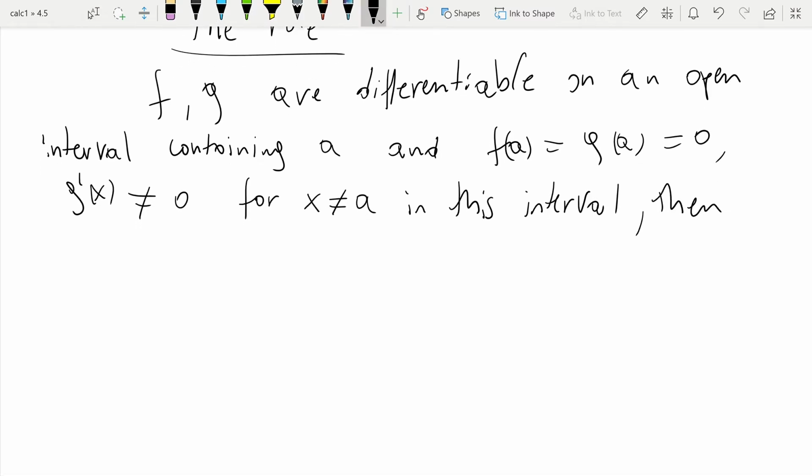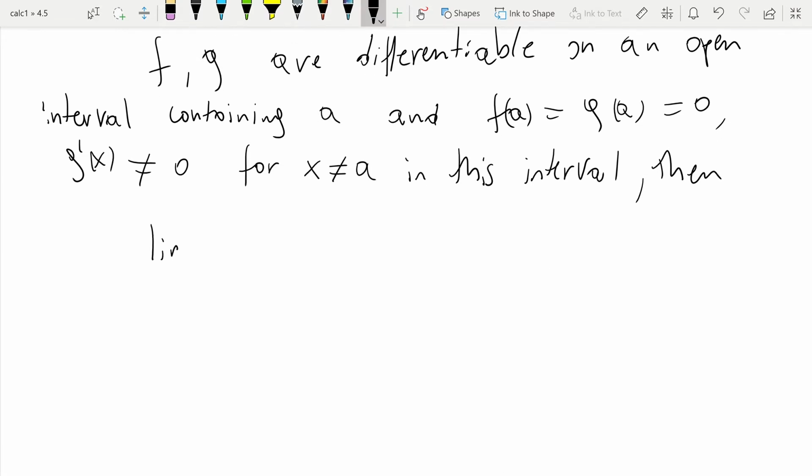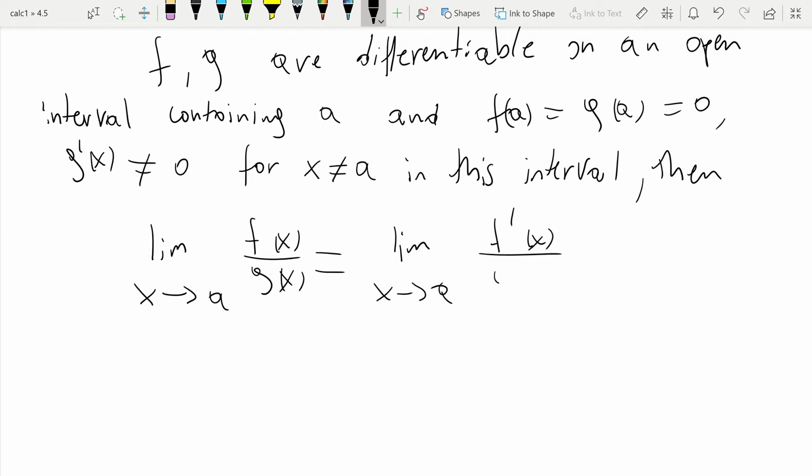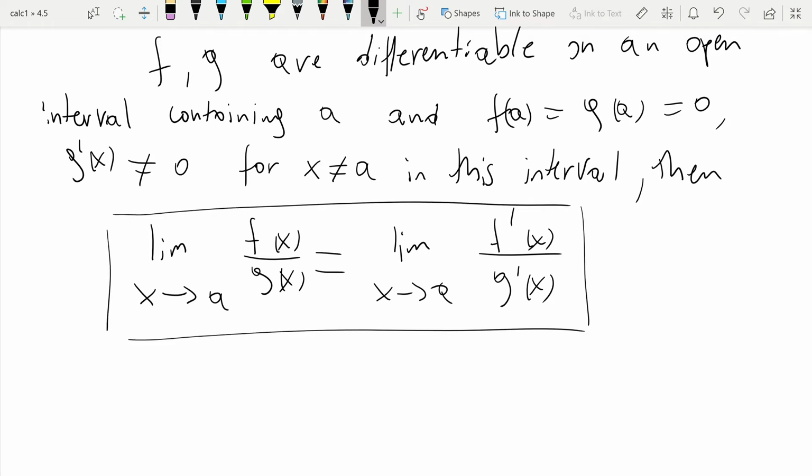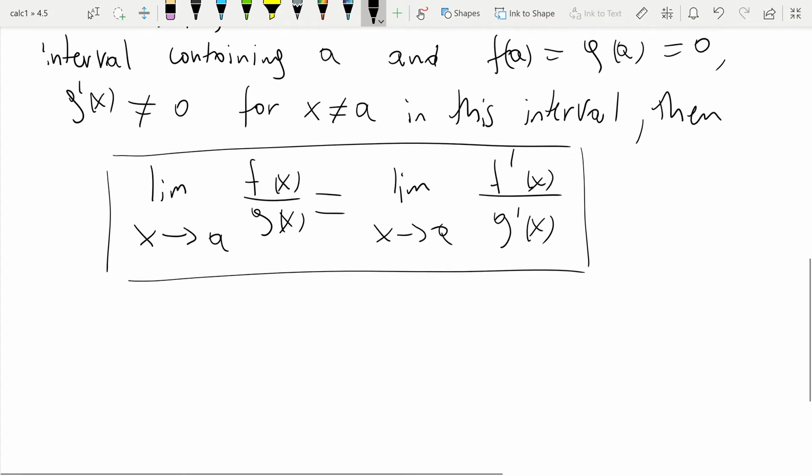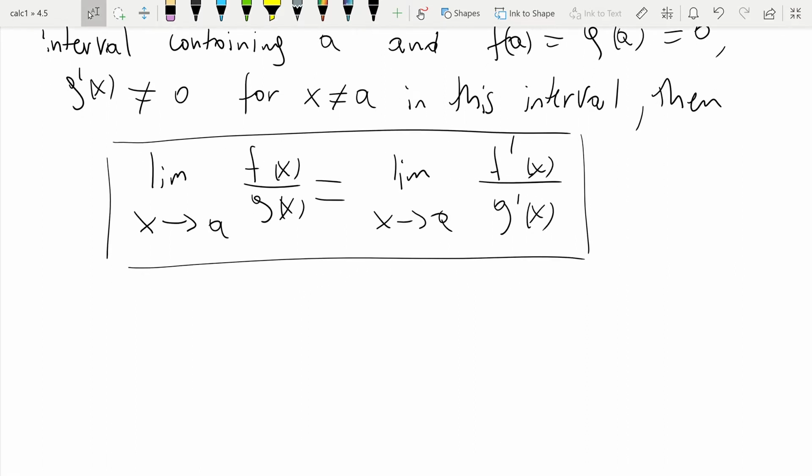Then, to compute the limit, we can transform the problem of computing the limit as x approaches a of f of x divided by g of x to the problem of computing the limit as x approaches a of f prime of x divided by g prime of x. Okay, this is a warning here: this is not the quotient rule.